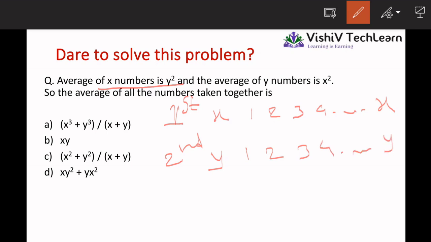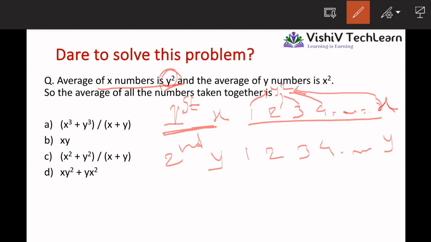These are the two groups. In the first group, the average is y square, so the first number can ideally be seen as y square, the second number also y square, the third, the fourth, and till the number x, all can be considered as y square because the average is y square.